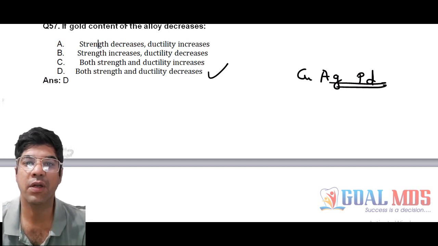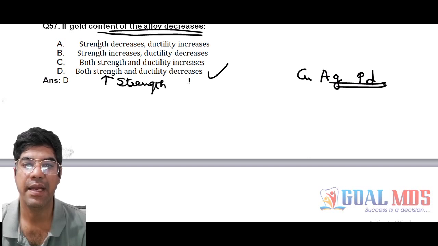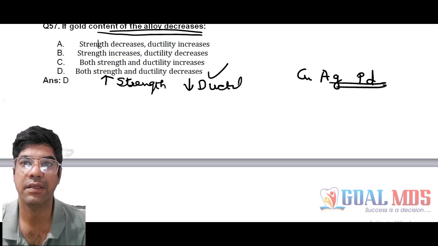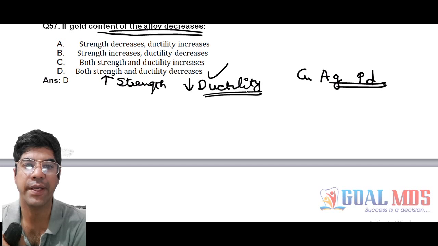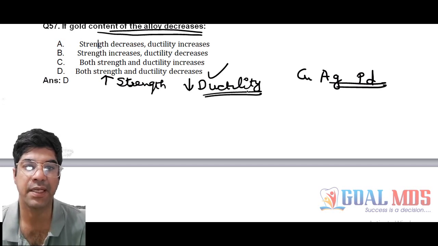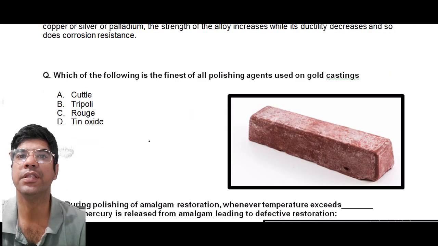So when the gold content of the alloy decreases, the strength would increase and ductility would decrease. So when gold content of alloy decreases, the alloy becomes stronger but less ductile. Moving to the next question.